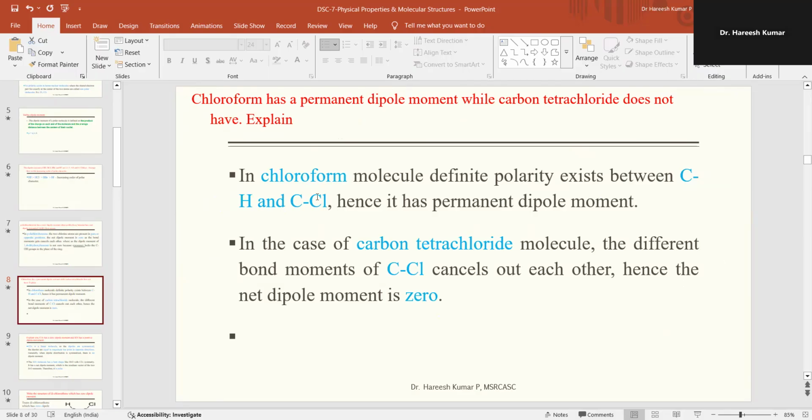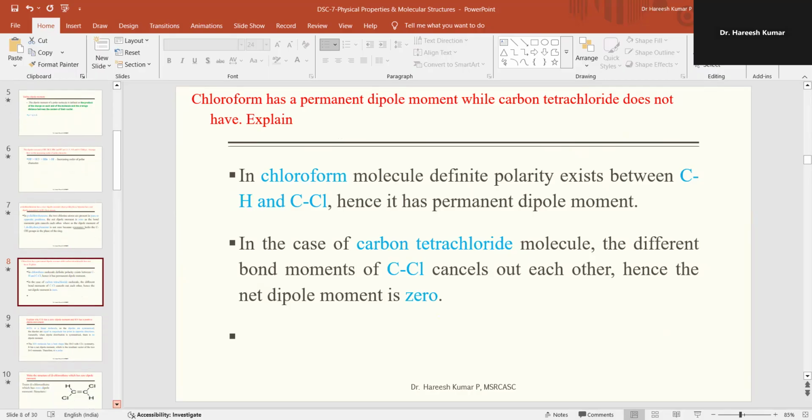So the dipole moments of the chlorines are in one direction, so it has a permanent dipole moment. In the case of carbon tetrachloride, four chlorines are attached to the carbon and they are in opposite directions. That's the reason the dipole moments cancel each other. Hence, the net dipole moment of carbon tetrachloride is zero.